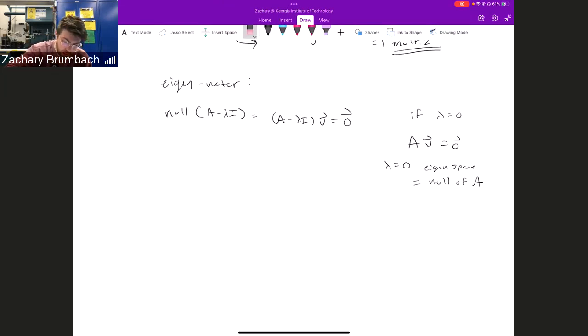From here, an easy way that I like to think about this that makes life easy: the number of free variables in A minus lambda I is equal to your geometric multiplicity.